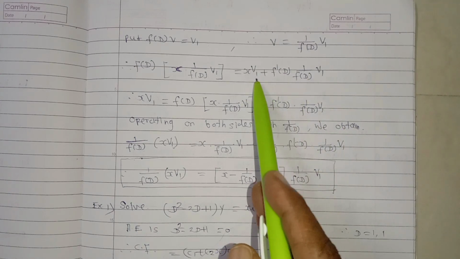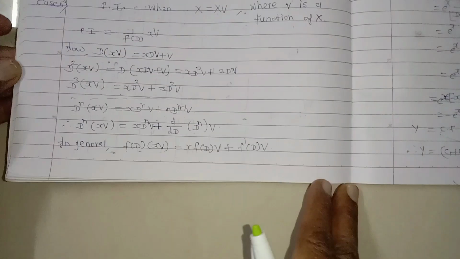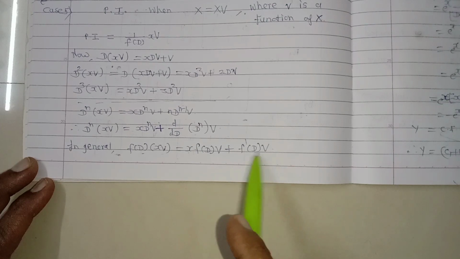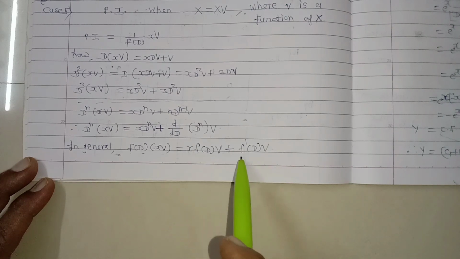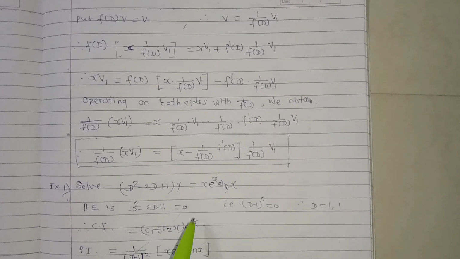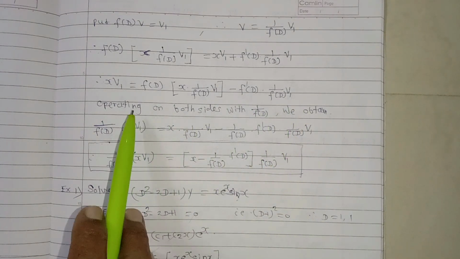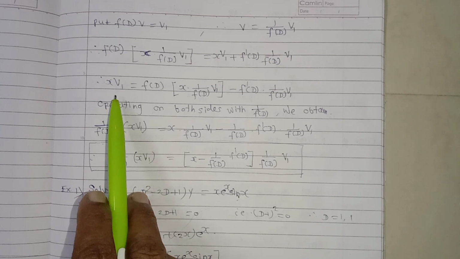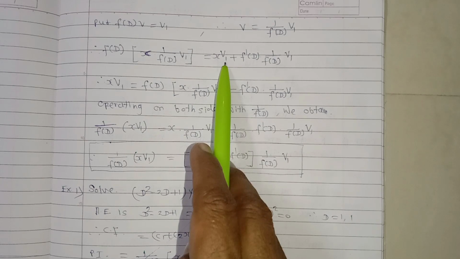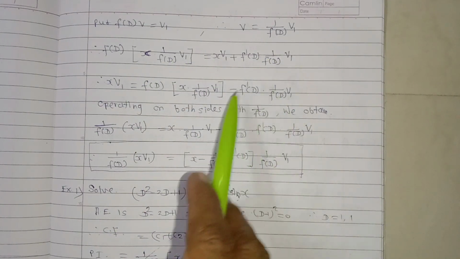We put the first term as it is, x phi1, on the RHS, that is f(D) of x phi equals x f(D) of phi plus f dash D of phi. We keep this term as it is and replace phi here. So we get this term. Then we obtain x into phi1 equal to this LHS term minus this f dash D into 1 upon f(D) operated on phi1.